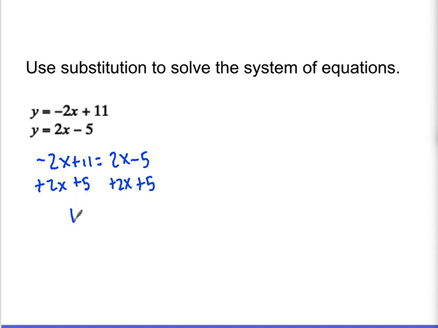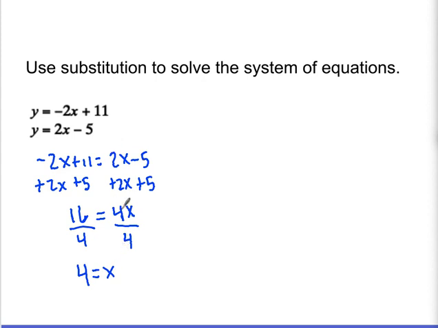So that would be 16 equals 2x. Divide by, no, 4x, my bad. I forgot to add the x's. 2x plus 2x is 4x. Thank you for correcting me. Divide by 4, so 16 divided by 4 is 4. 4 equals x.